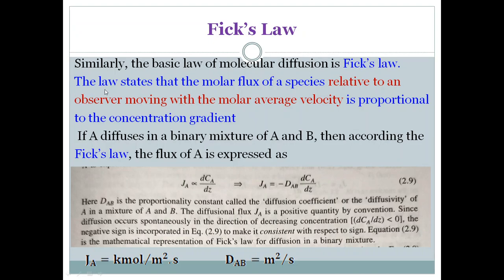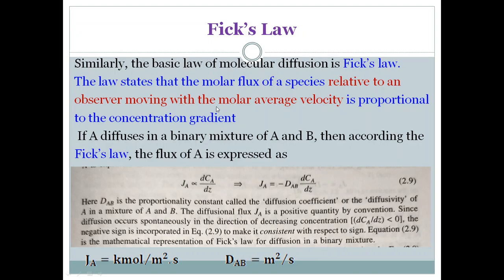Again, this law states the molar flux of a species, so keep it in mind. And what is the frame of reference? Relative to an observer moving with the molar average velocity.